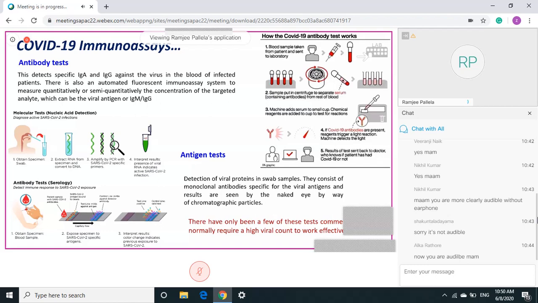There may also be lateral flow devices, as you can see on the right hand side of the panel, in which we can do antibody tests as well as antigen tests. You have antibodies immobilized on the test line, just like our regular pregnancy test kit. The same kind of principle is applied here, and the antibody present in the serum can be detected.